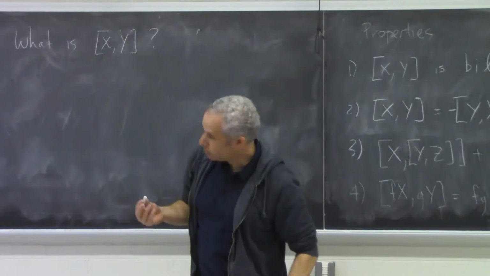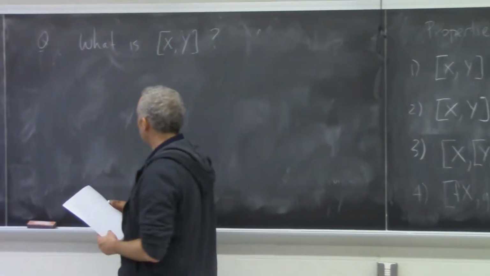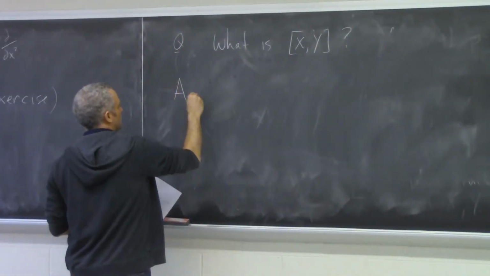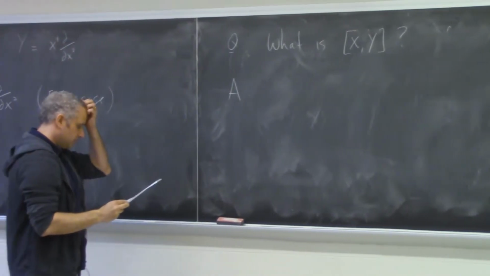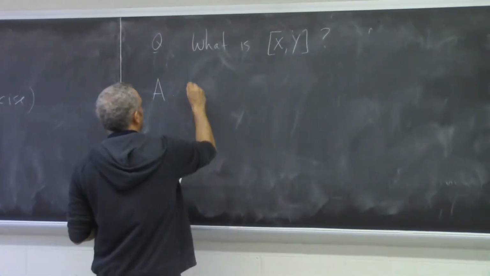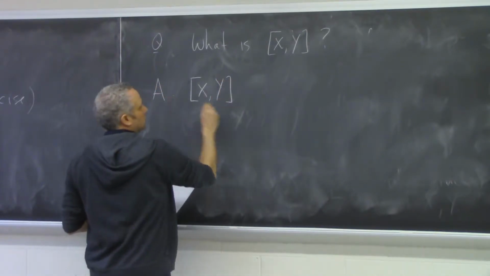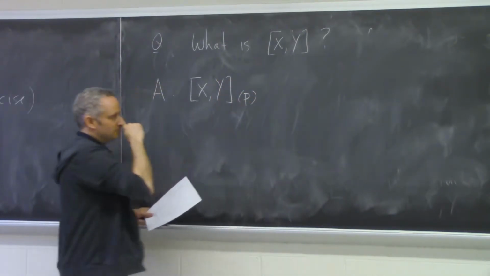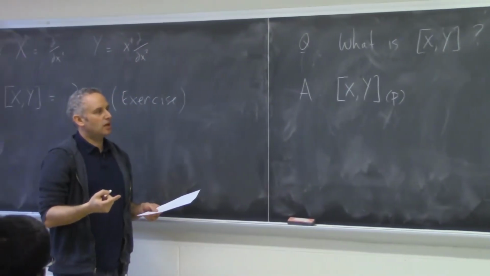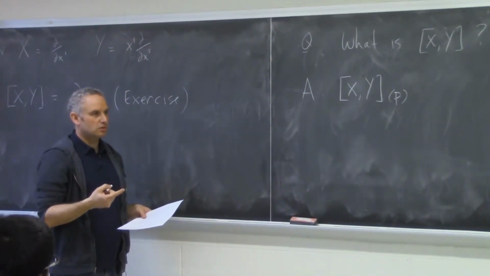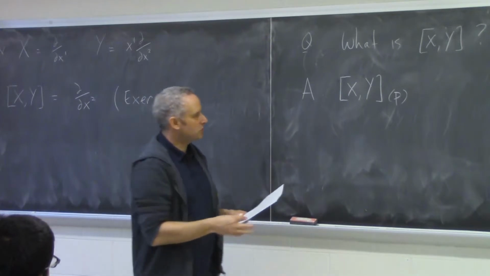So let me tell you the answer, and then we'll justify what's in the answer. It is a vector field, that much we know. So if we evaluate it at p, we get an element of the tangent space to M at p. Right? And so how should we interpret that?